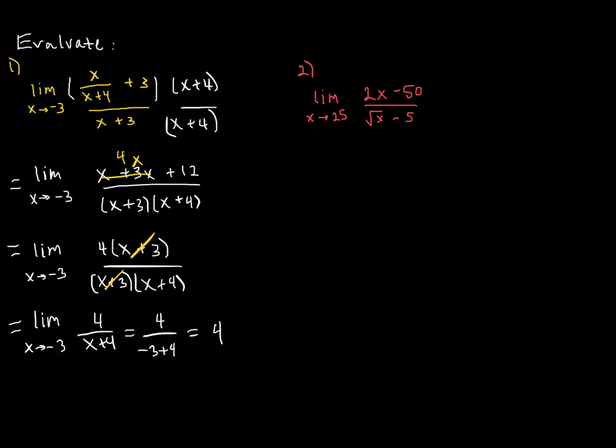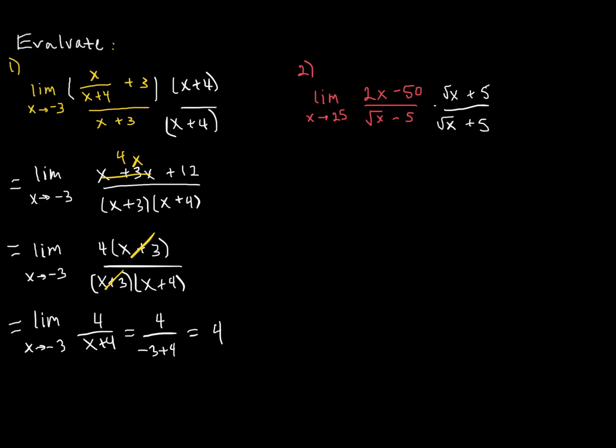So we're going to multiply by the conjugate, which is the square root of x plus 5. And you're going to have to multiply the numerator by that as well, the square root of x plus 5. And here's why this works. Okay? When we FOIL the denominator, we're going to have square root of x times square root of x, which is x.